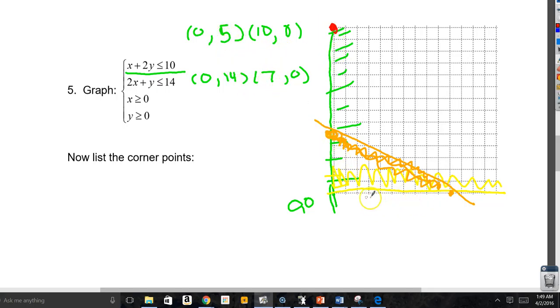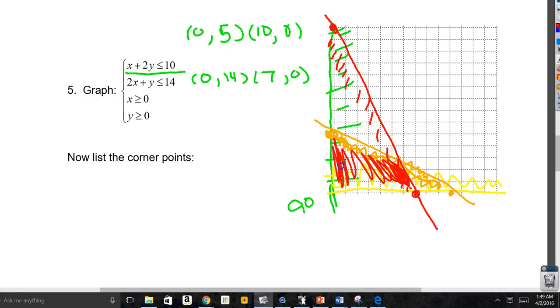And 7, 0, 1, 2, 3, 4, 5, 6, 7. And it's a solid line. And then we have y is less than, so we're talking this side of the line. So in here is where it's all shaded.